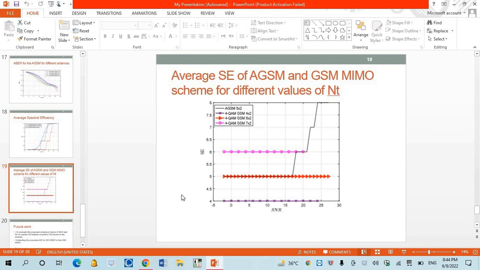Similarly, if we see the spectral efficiency of AGSM and SM MIMO, we can clearly see that the AGSM MIMO, which is the black line in the graph, has a much higher value than the GSM MIMO.